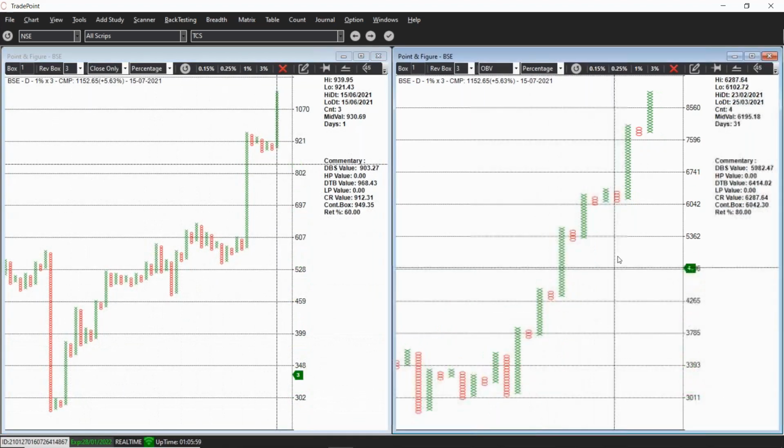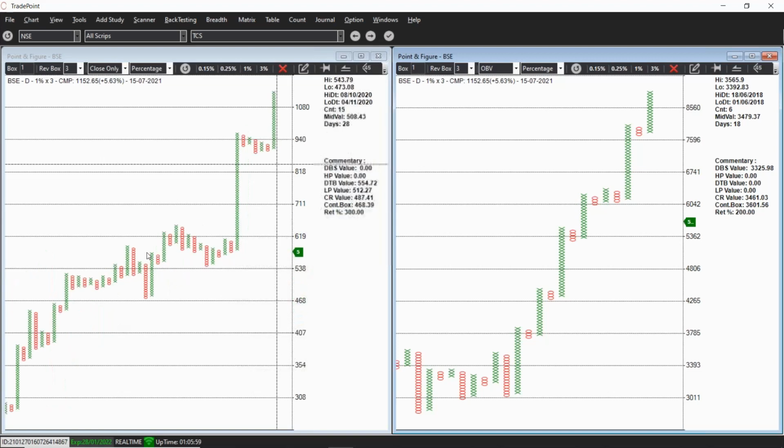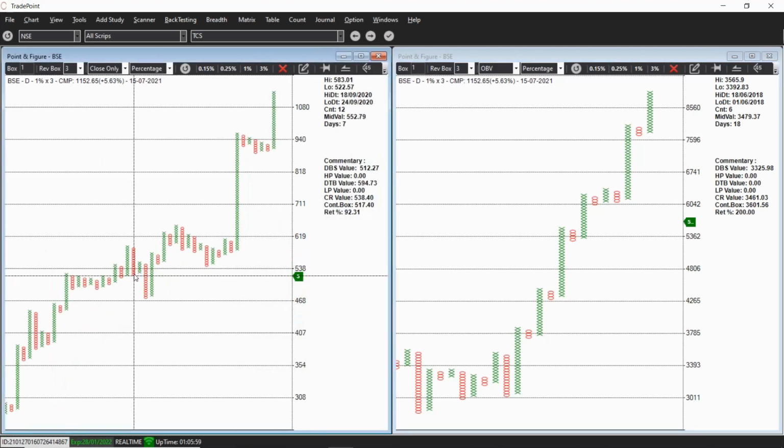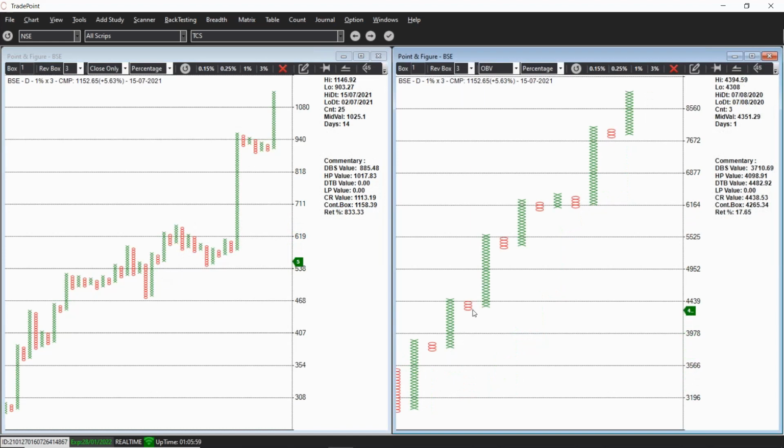From here also the OBV chart is bullish. But there are some bearish signals here in between, right? Price fell below the previous bottom, so it was a double bottom sell signal here. And there were some deep retracements in between. And there was a period when price went into consolidation, it was bearish. But here it was a very smooth uptrend. There was not even a single bearish pattern.